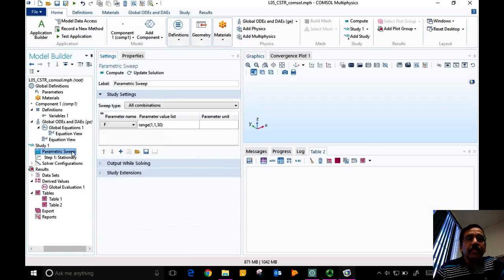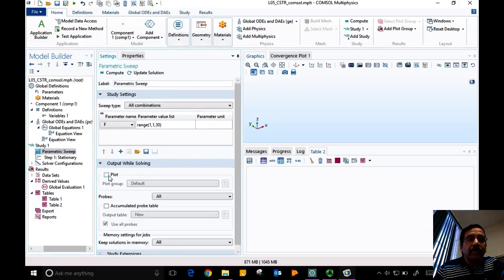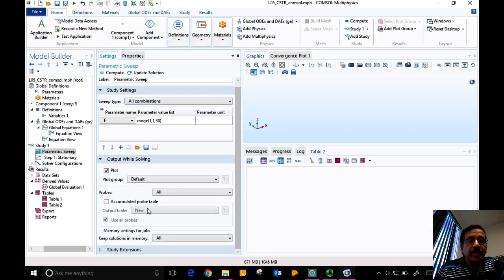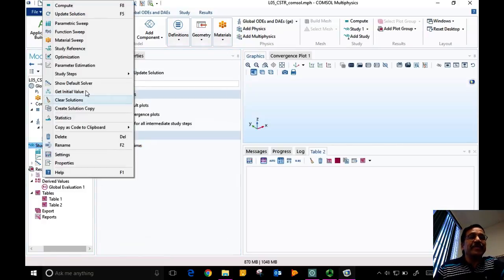I hope it solved it. Output while solving. Okay. Plot. I'm not sure what it's going to do, but I'm going to click that and see what it does.